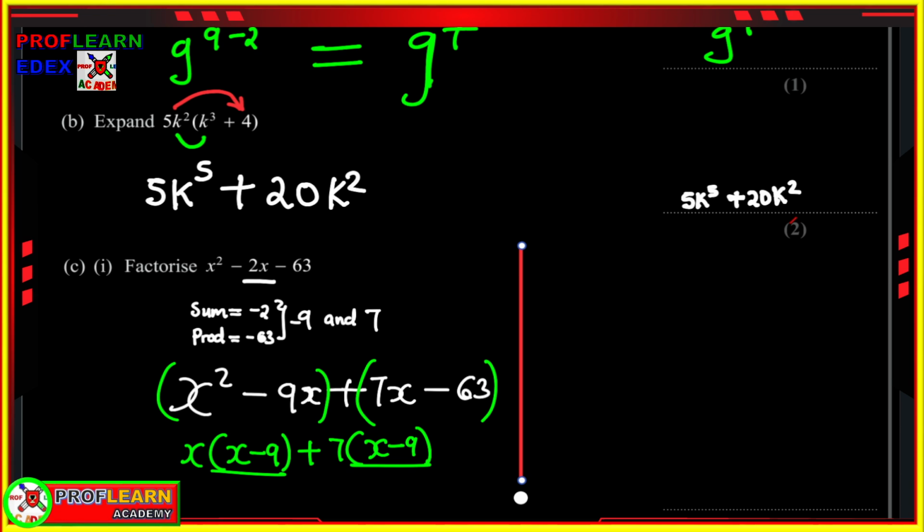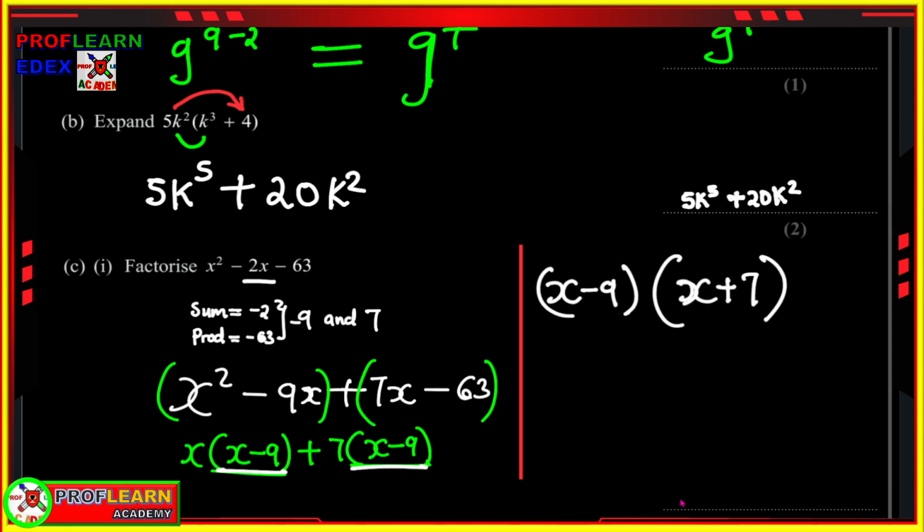If we factor out whatever we have here, we are going to have x minus 9. We shall remain in bracket x plus 7 as our final answer. x minus 9 into x plus 7.